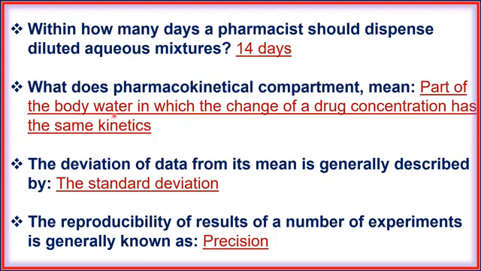Part of the body water in which the change of a drug concentration has the same kinetics. Next, the deviation of data from its mean is generally described by standard deviation. Next, the reproducibility of result of a number of experiments is generally known as precision.